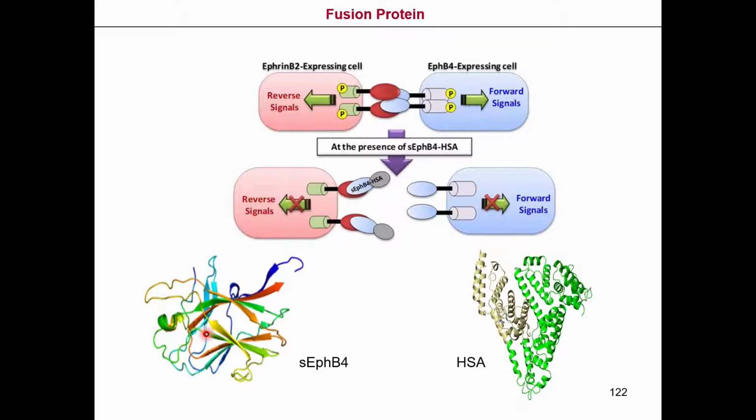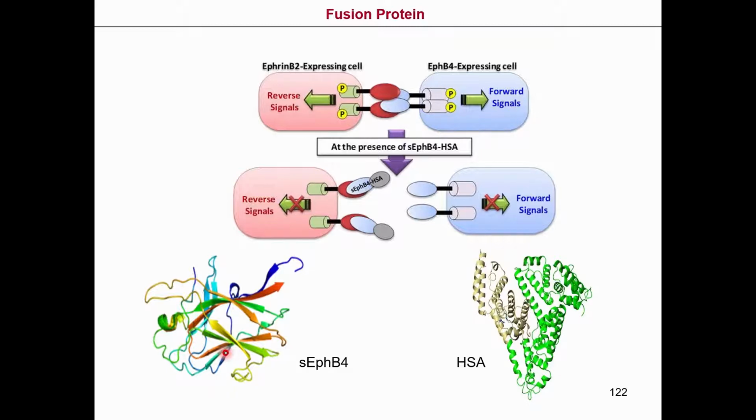In order to do that, they usually construct a fusion protein of the drug with another protein to enhance the circulation time in vivo. The fusion proteins used are usually antibody fragments or human serum albumin.